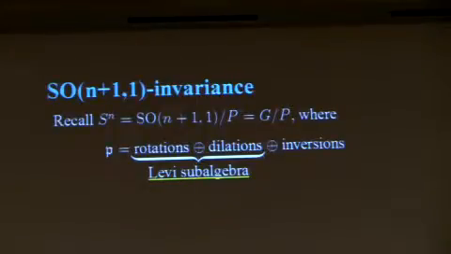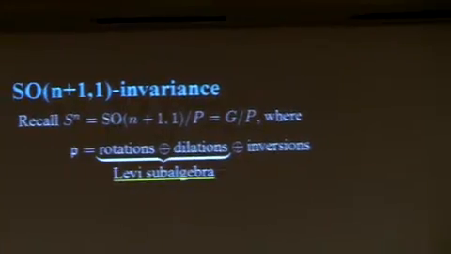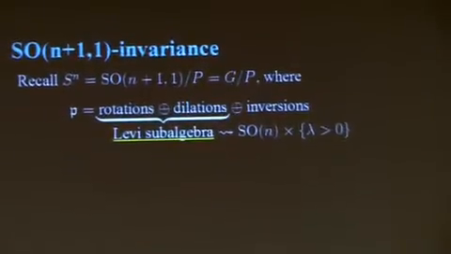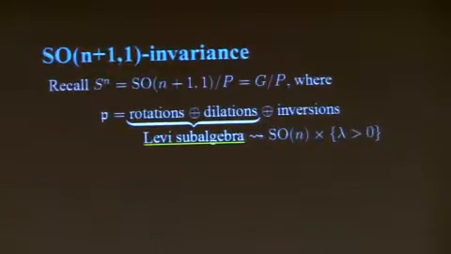Whenever you have a parabolic subgroup, it breaks up into pieces, one of which is called the Levi algebra. In this particular case, you can identify the Levi algebra with a particular Lie algebra and exponentiate it and get back a particular Lie group. What you get is SO(n) for the rotations and lambda greater than 0, say, for the dilations. I'm lying to you slightly, but it's essentially this direct product of SO(n) with the positive real numbers.